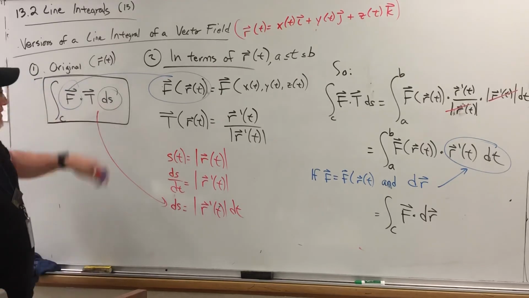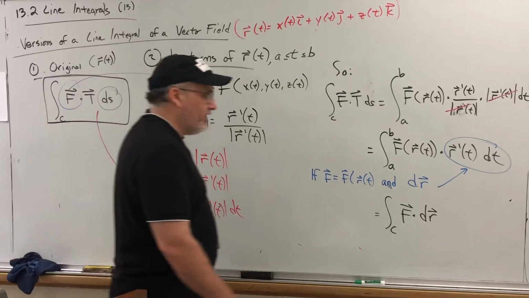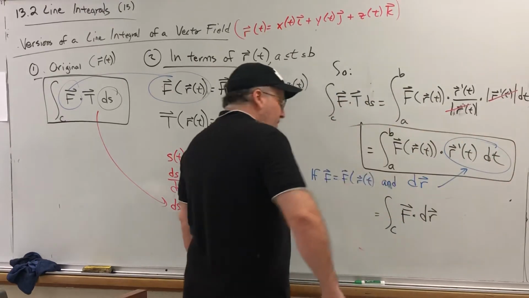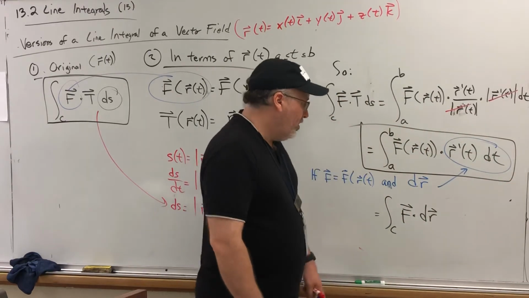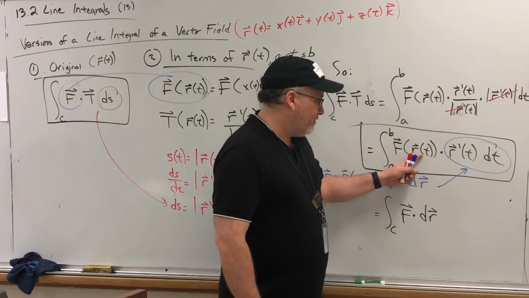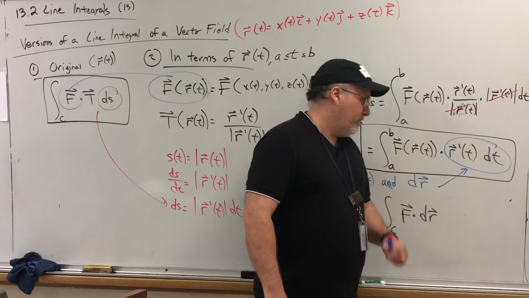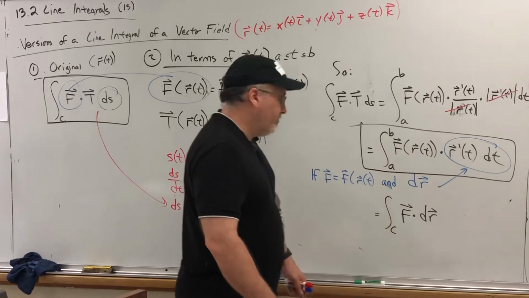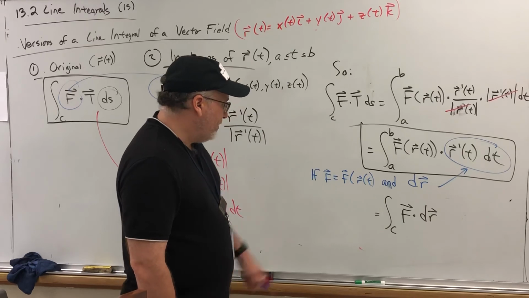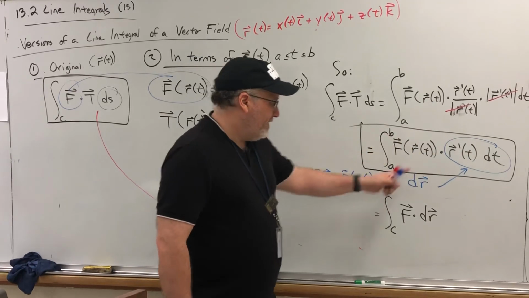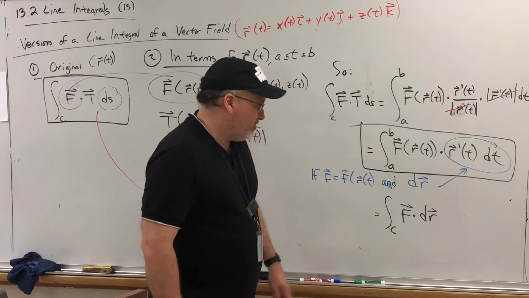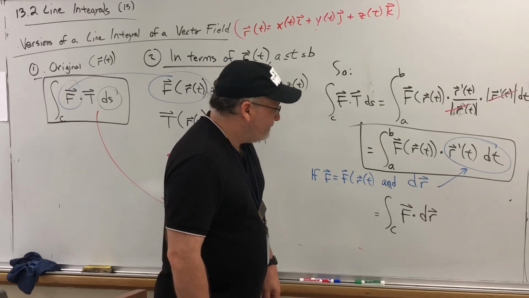But evaluating ds is tricky, so we can transform it exclusively in terms of the parameter t by evaluating the definite integral of the vector field evaluated at the position vector function dot the derivative of the position vector function, all in terms of t's. But we can write this more succinctly by saying all of this we'll just call F, all of this collectively is the derivative of the position vector.